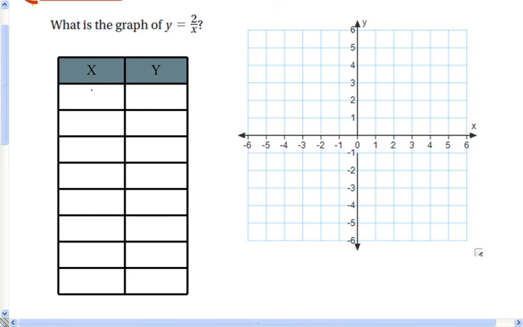I'm going to use 1, 2, and 3, and then the next number I think I'll use is 6. And I'm going to change this scale to thirds. So this is 1, this is 4 thirds, 5 thirds, and this is 2, and same with the negatives.